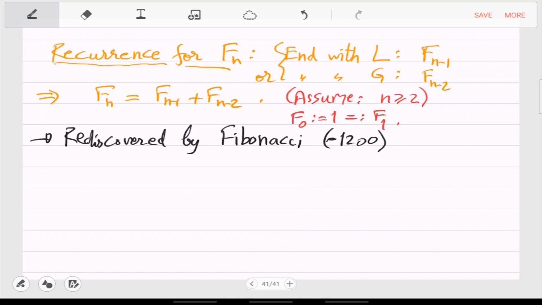But is it close to n to the 10? As n becomes very large, will it be close to n raised to 10, n raised to 100? Yeah, so it will actually neither be close to 2 raised to n, nor close to n raised to 10 or n raised to any constant. It's somewhere in between. Definitely it is exponential.